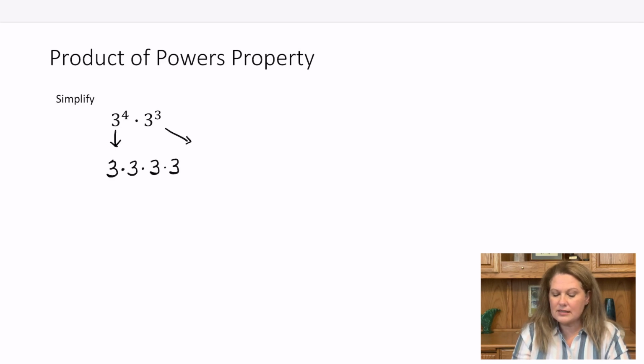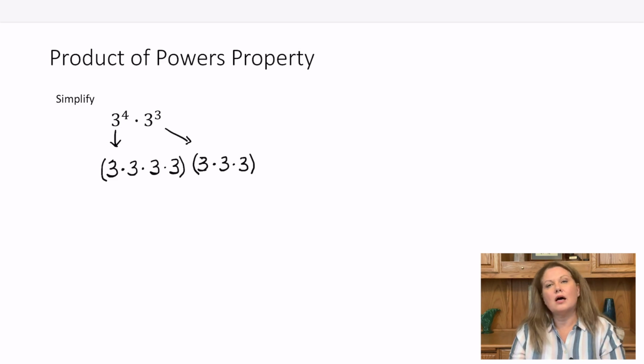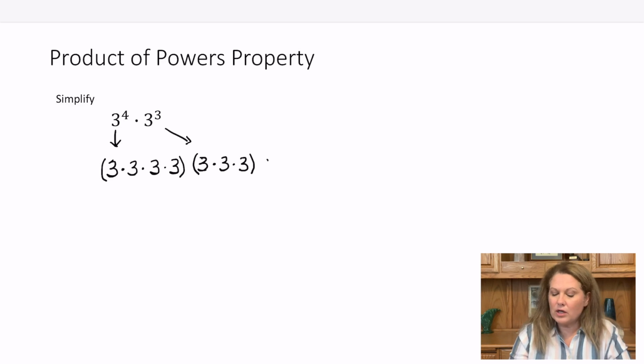And if we extend 3 to the 3rd power out, we're saying 3 times 3 times 3. Now we're multiplying all of these together, so I'm going to put parentheses so you can see which set of expanded notation goes with which power. Because we're using repeated multiplication, we can count the 3s up.